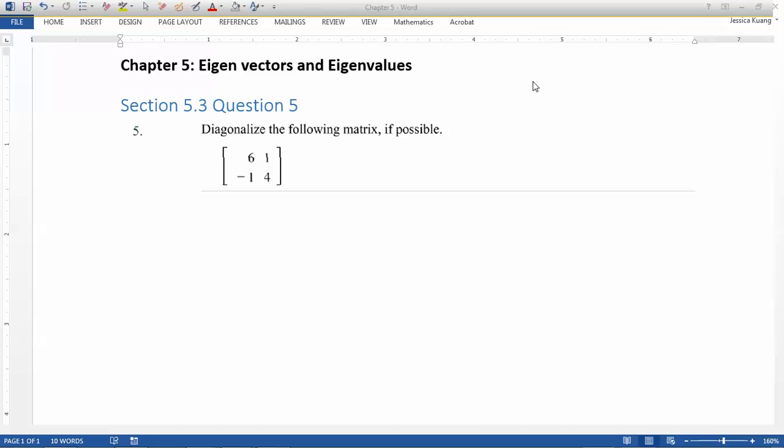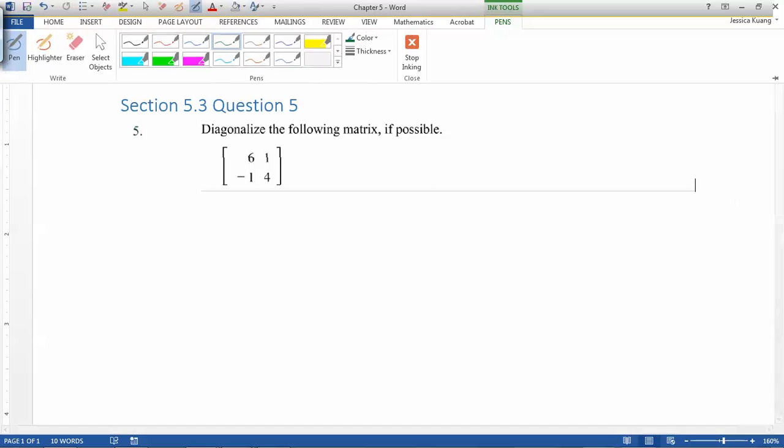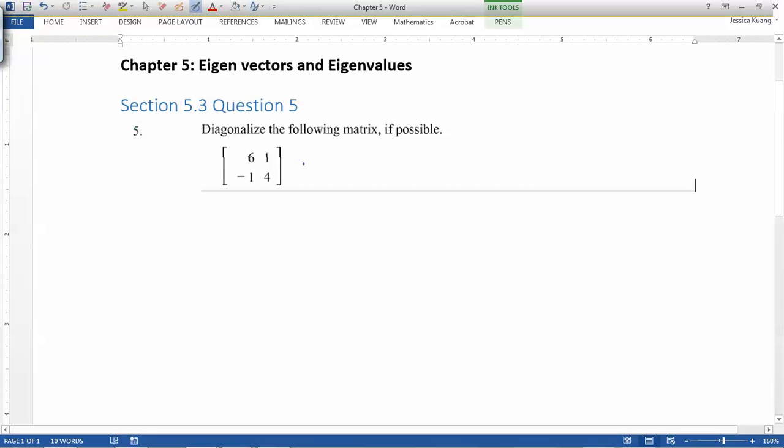In this question, we need to diagonalize this matrix. So that means we will have to rewrite this matrix such that it equals P times D times P inverse.